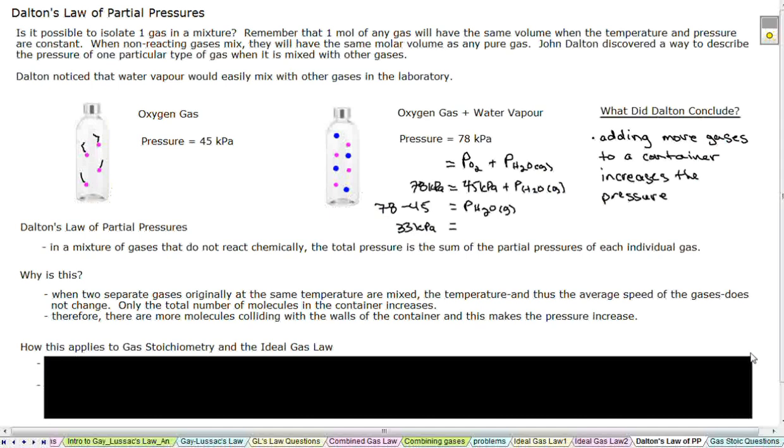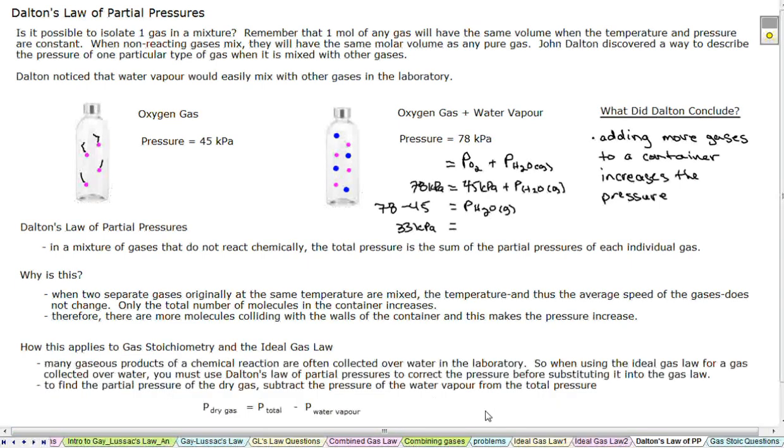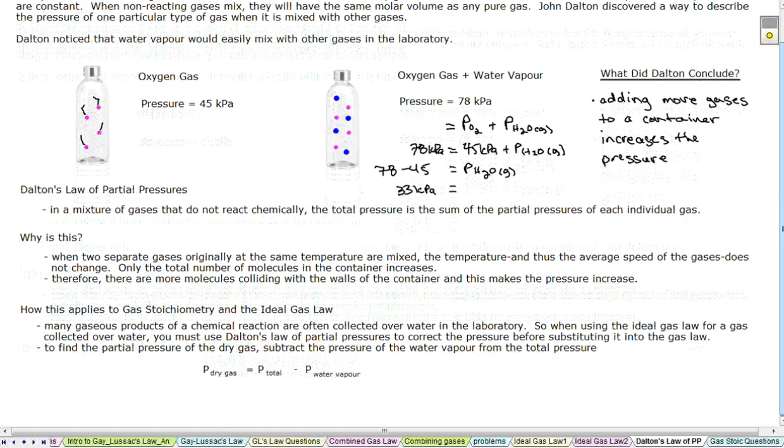Now, how does this apply to gas stoichiometry and the ideal gas law? Well, many gaseous products of a chemical reaction are collected over water in the laboratory, so you now have water vapor mixing in.